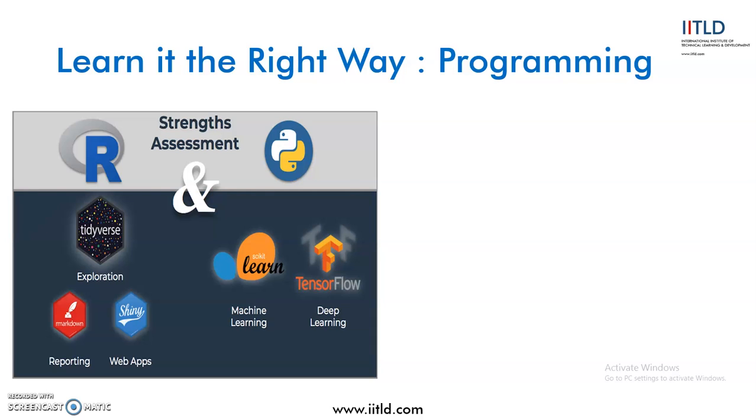So basically, R is used by core data scientists, as in people who do industry level research, or probably researchers. They use R programming. And then for many machine learning models which are expected to go into production, people use Python. So Python can be used in many domains, right?